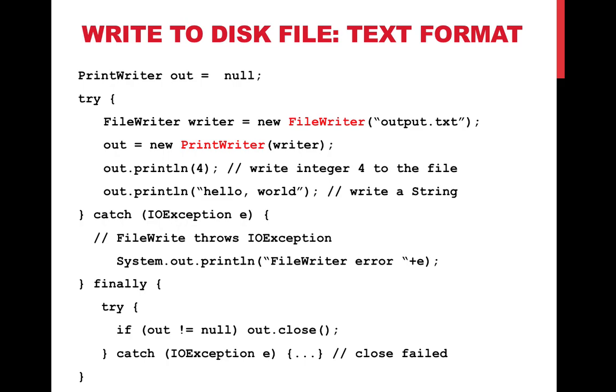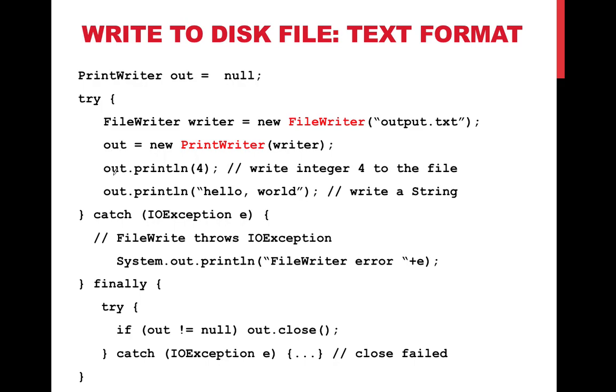So here is an example of how to write data into a disk file using text format, but this is not the only way, just one way to do it. Typically we have a pair of classes, a lower level interface and a higher level interface. To write data in text format, the low level is a FileWriter where you specify the name of the file to be created, and then wrap it with the PrintWriter class, and then you have the object.